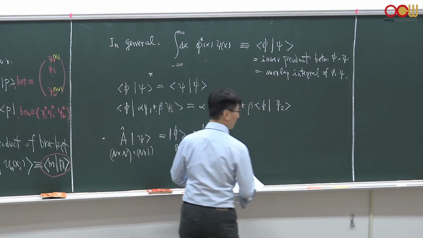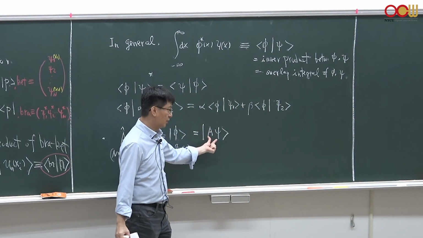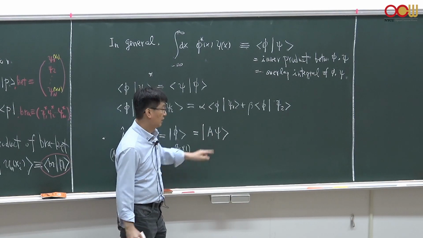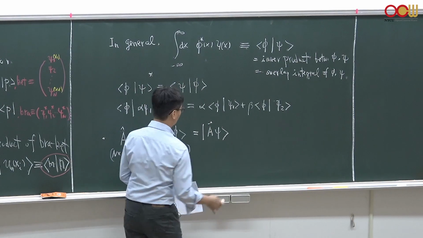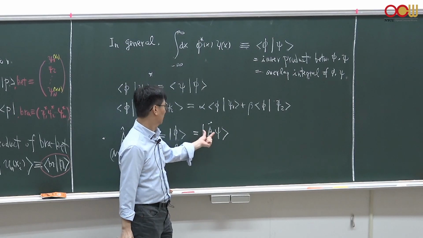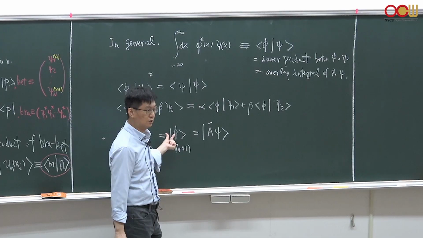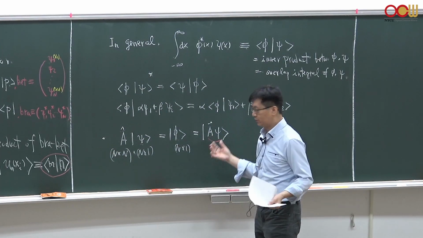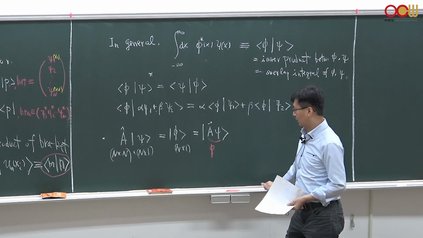So if you translate this, I will say that this operator A, when acting on psi, will give you another Dirac ket, which I call phi. So state phi is some quantum state.